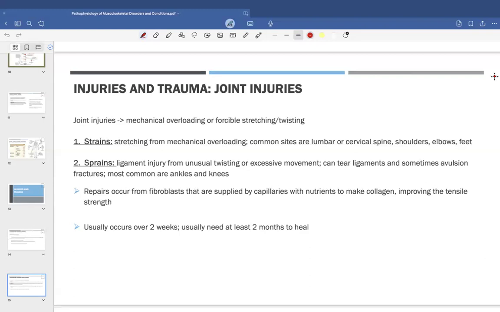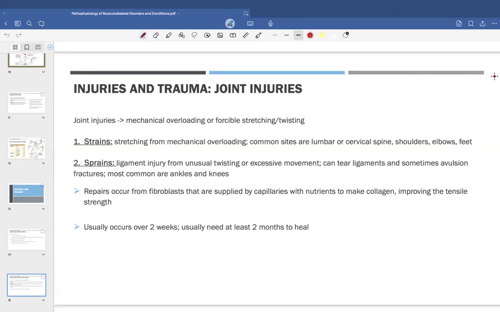Realize that ligaments attach to bones. Sometimes if they disrupt, you can have an avulsion fracture. You can have the insertion of that ligament where it attached onto the bone. When it pulls off, it actually avulses that cortex where it attached. And that's an avulsion fracture.